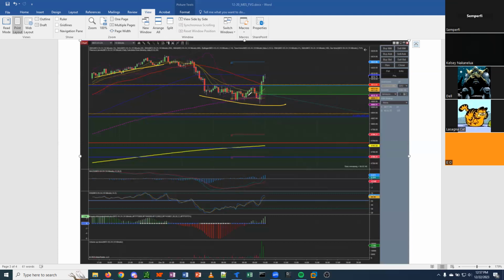I want to see structure over here, taken or not even taken, because there's really no structure right here at all, other than these two little spots. I'd rather see a little higher low or lower high, pull back, swing low, swing high.